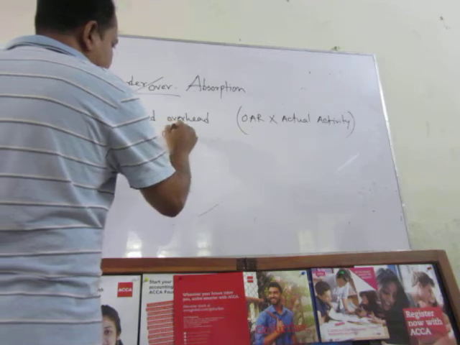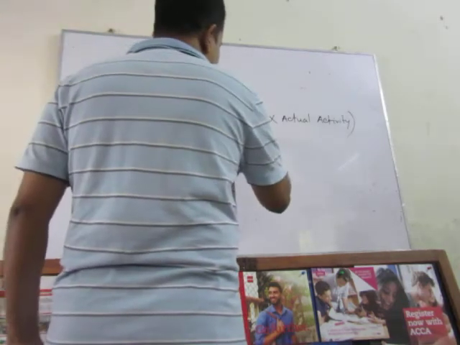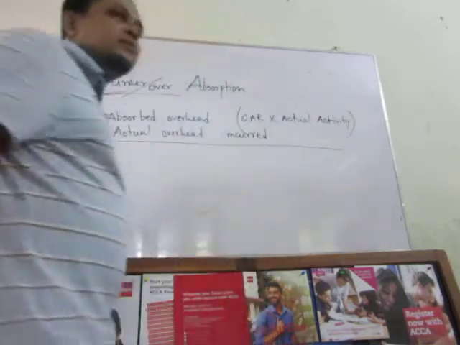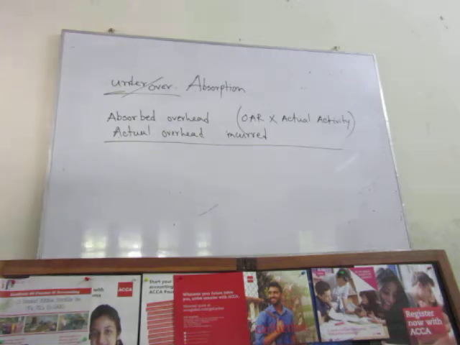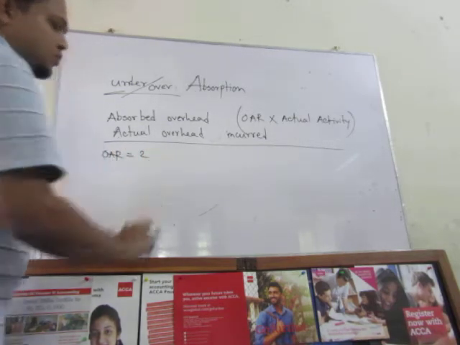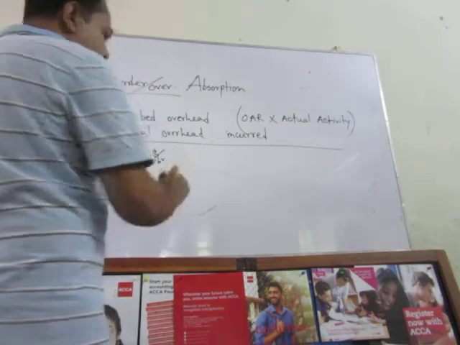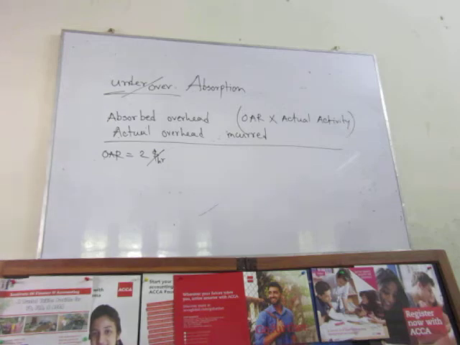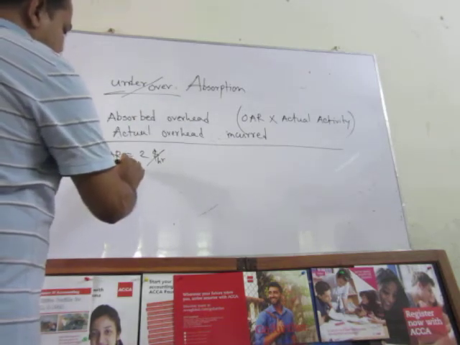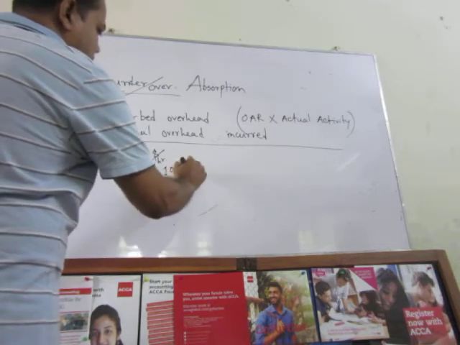actual overhead incurred. The thing is, suppose your OAR is $2 per hour, suppose, for example. Your actual labor hour is 10 hours.